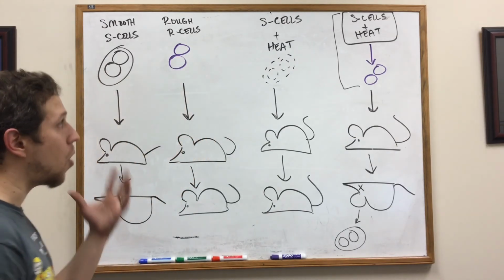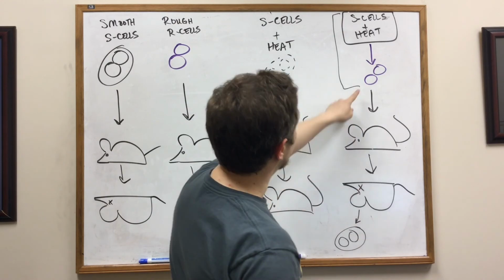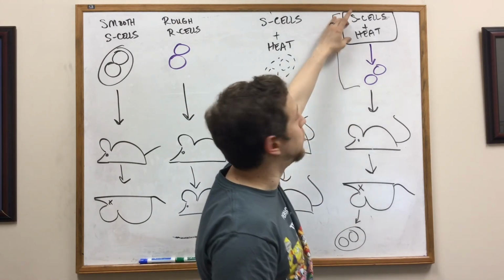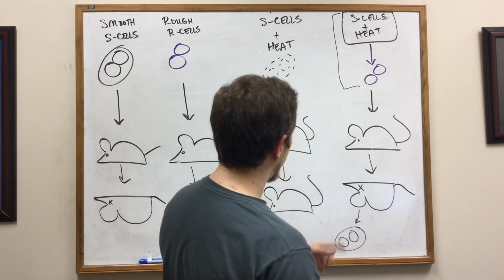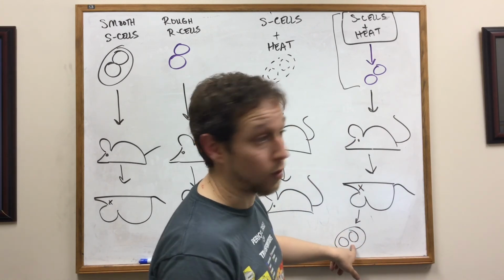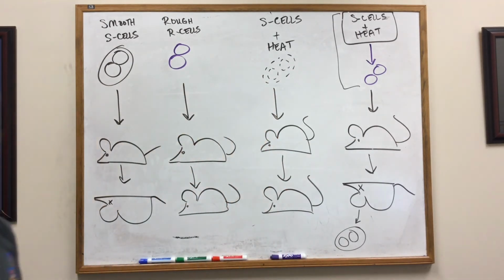And so we call this particular procedure a transformation because one cell acquires genetic material from another and that causes it to change and begin behaving in a slightly or drastically different manner. And so this was the first ever transformation.